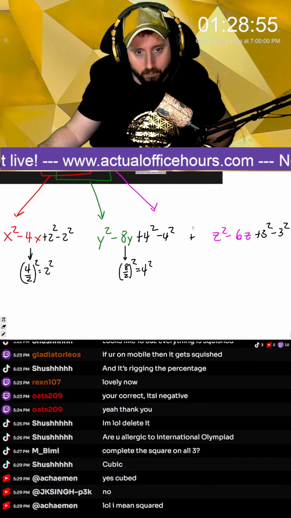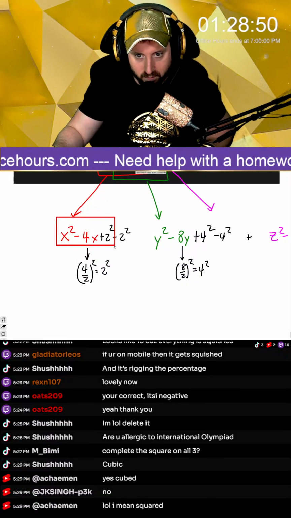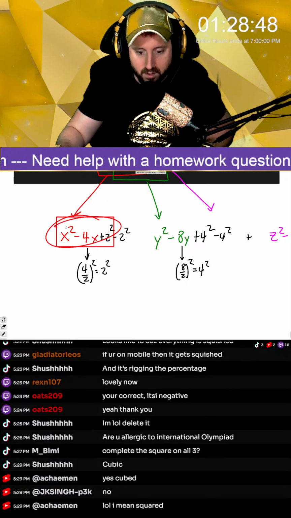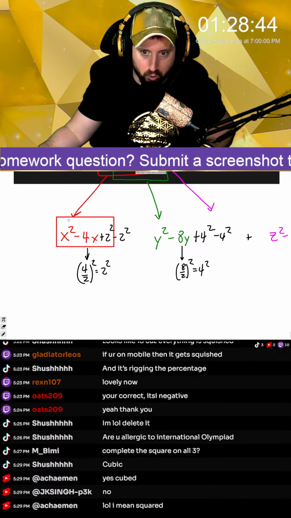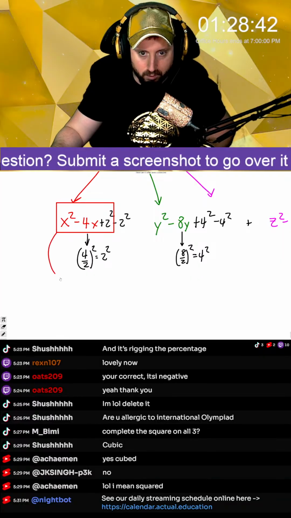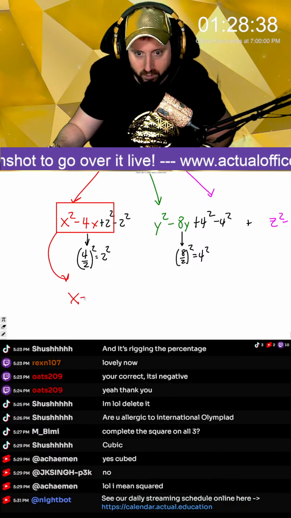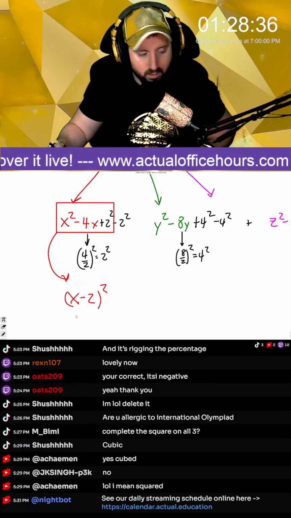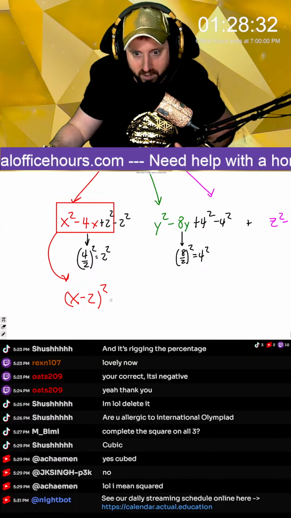And then the beautiful thing about completing the square is that this whole thing here is, by definition, what's called a perfect square trinomial. So this can be converted into x, and whether this is plus or minus, and whatever this is squared. So this is x minus 2 squared. But then, key thing, you got to remember that you still have the minus 2 squared here.